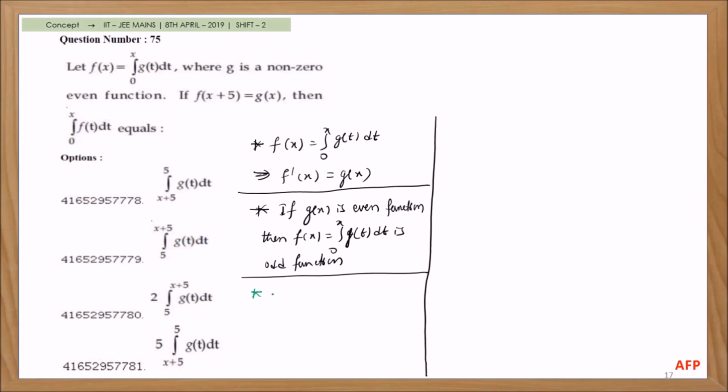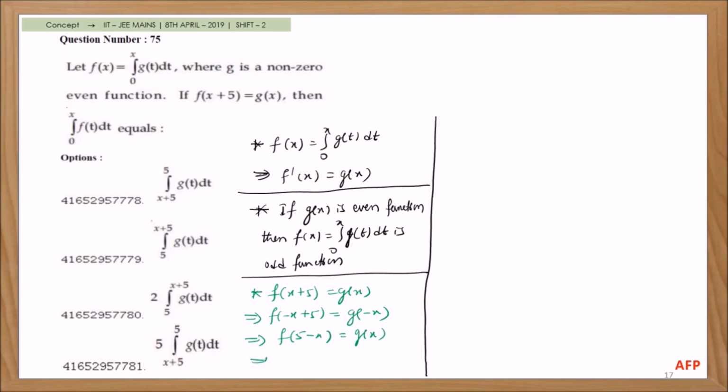Okay, next, this concept we will use. One more point is given: f of x plus 5 is equal to g of x. We will replace x by minus x, so f of minus x plus 5 equals g of minus x. Since g is an even function, g of minus x is g of x.